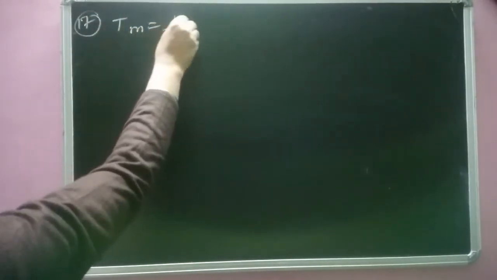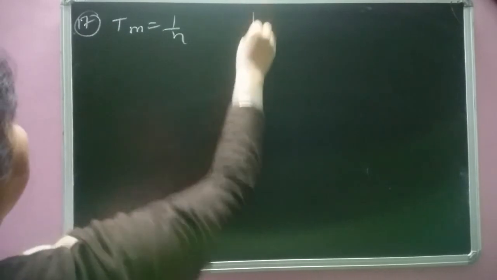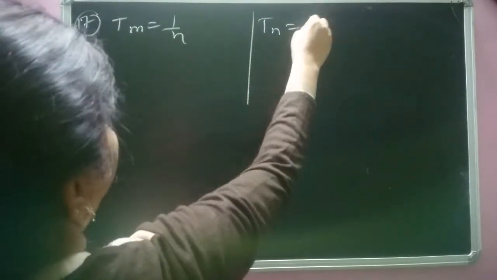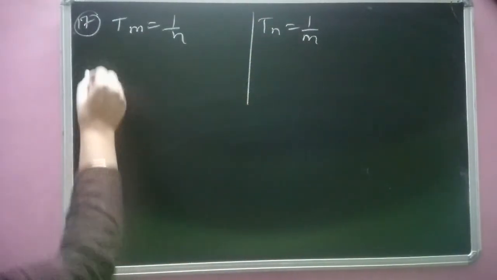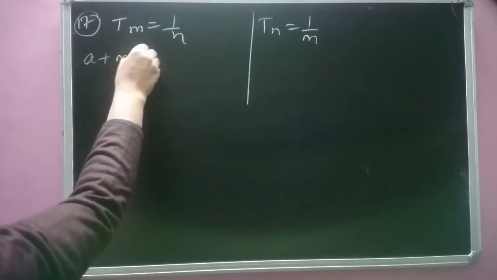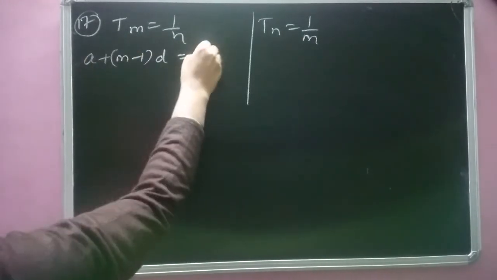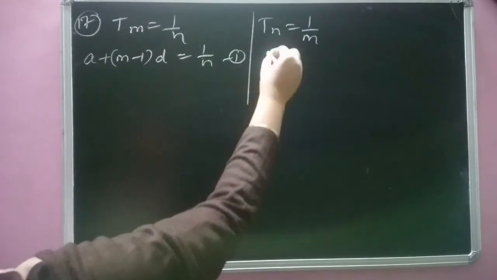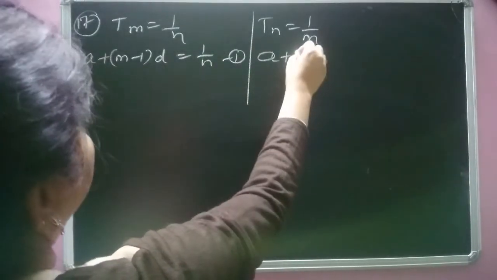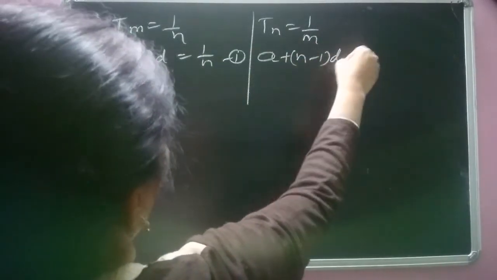Okay. So again two equations are given. Tm equals 1 by n and Tn equals 1 by m. So Tm can be taken as a plus (m minus 1) into d. This is 1 by n, the first equation. Tn can be taken as a plus (n minus 1) into d.